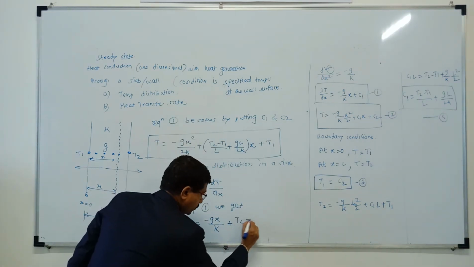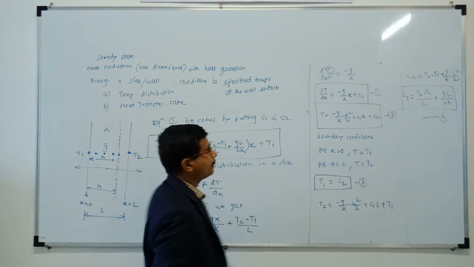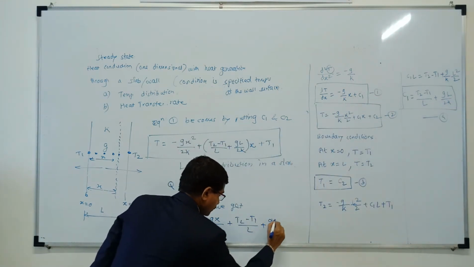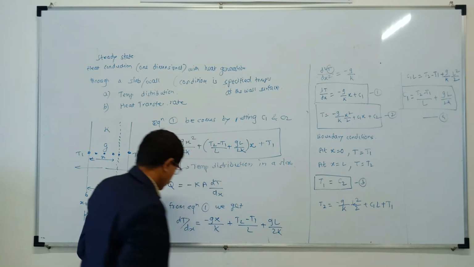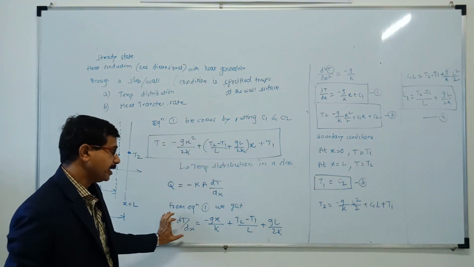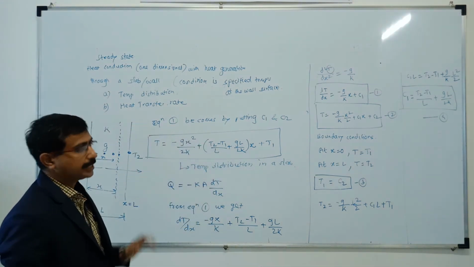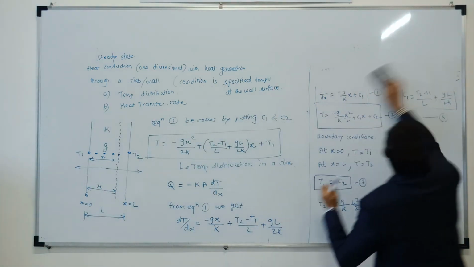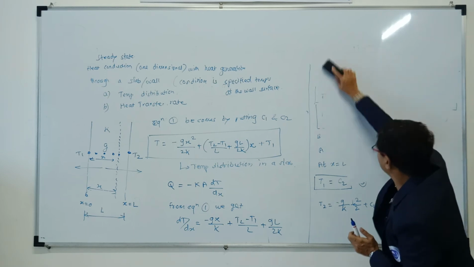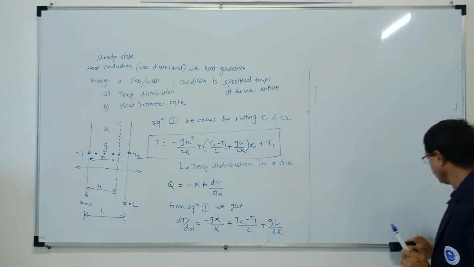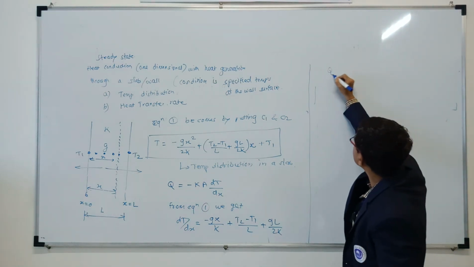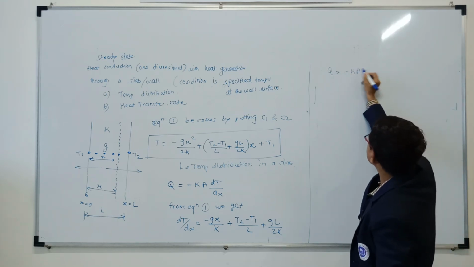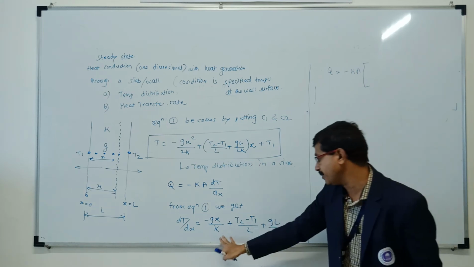Plus (T2 minus T1) divided by L plus GL by twice K. So this is the value of dT by dx. Now put it here, you will get the answer of capital Q. Okay. So what is capital Q? Heat transfer rate at any position. It is minus K into A. In bracket, the value of dT by dx you have to put.